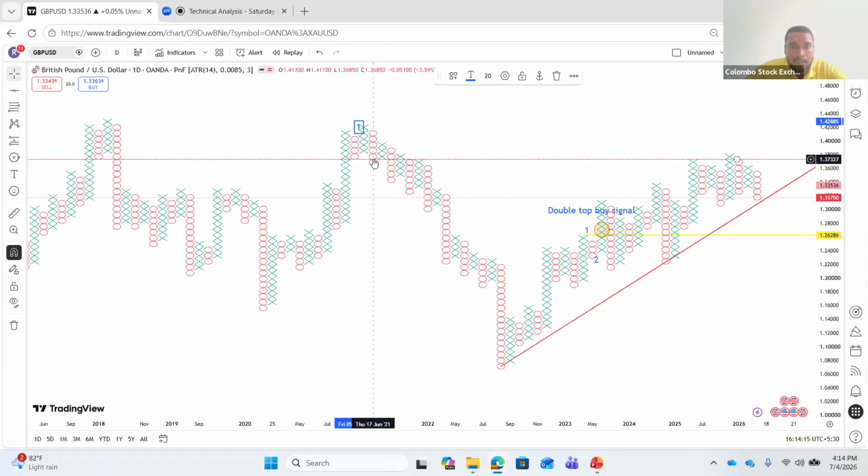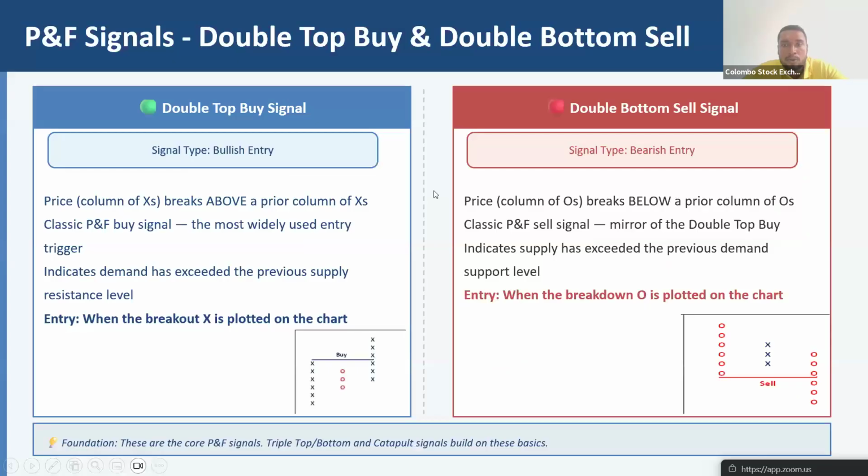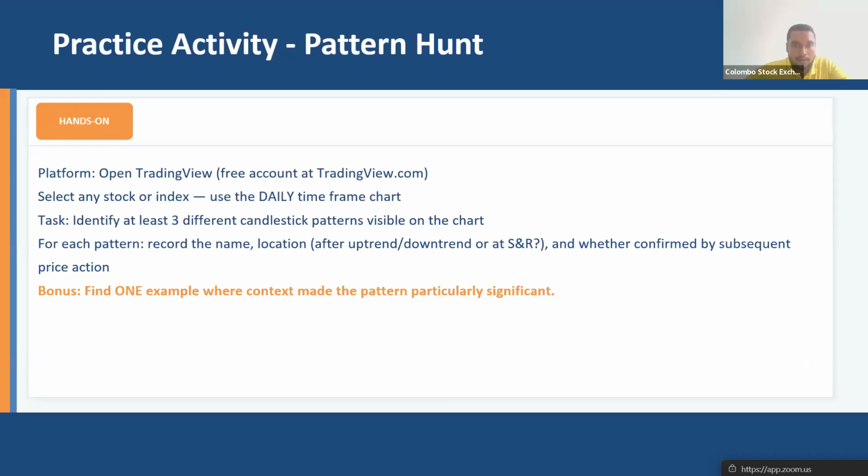Then again the price has broken past that level, so the price has gone down from that level. Like that, those are the two main ones we can use in point and figure charts to get buying and selling positions. We are not going to discuss more on that.